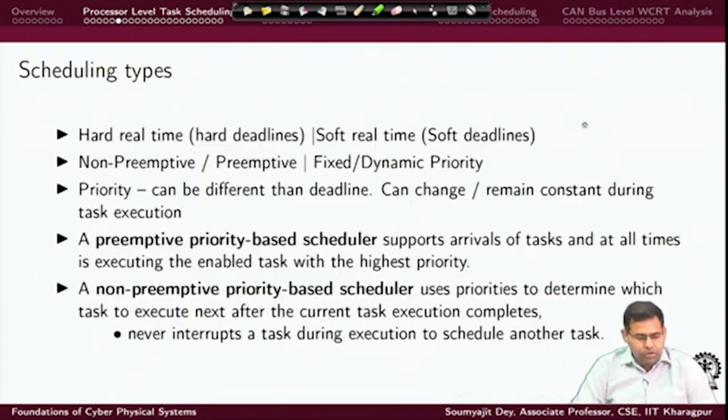Now, just a small classification of different kinds of scheduling that happens in embedded and cyber physical systems. You can have a hard real time or a soft real time system. That means the deadline provided may be a hard deadline or a soft deadline. We have already talked about preemptive and non-preemptive scheduling, where the scheduler may allow tasks to be preempted or not, and the other is task priorities.